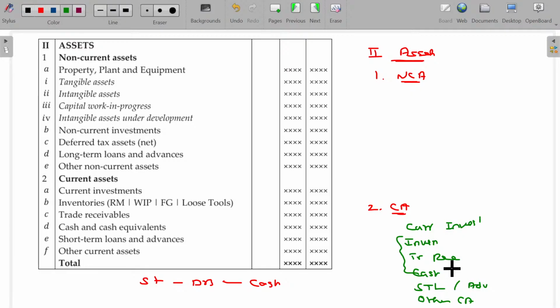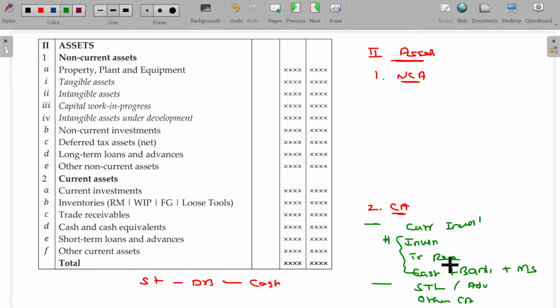So it means cash, bank, and marketable securities. All these three will be called cash and cash equivalents. And then current investment, short-term loans and advances, other current assets. So usually you come across these, and you better keep these points in your mind.